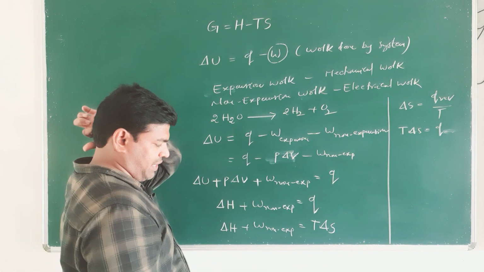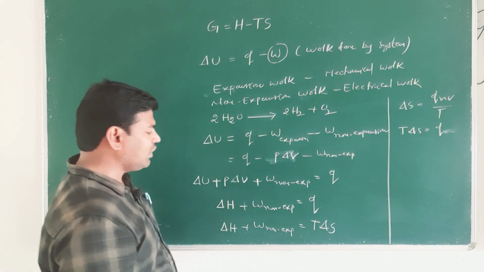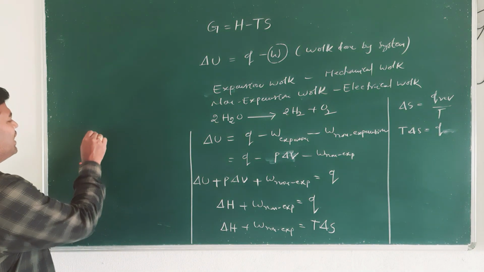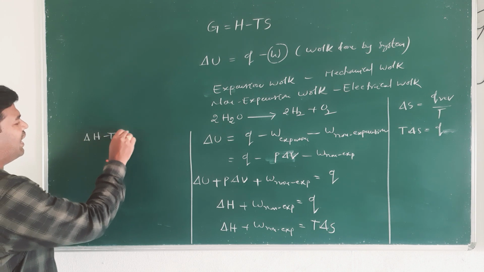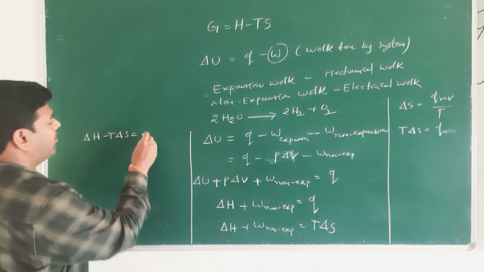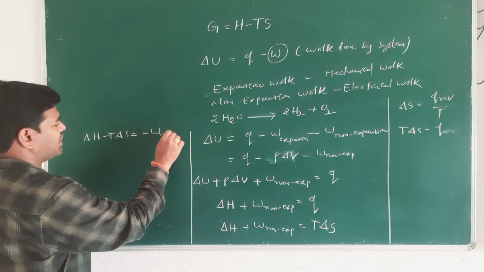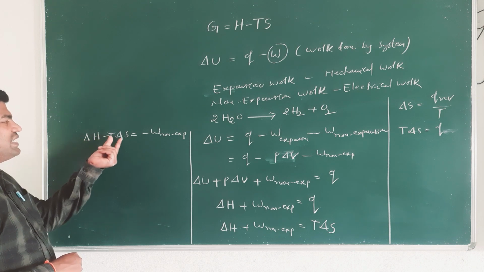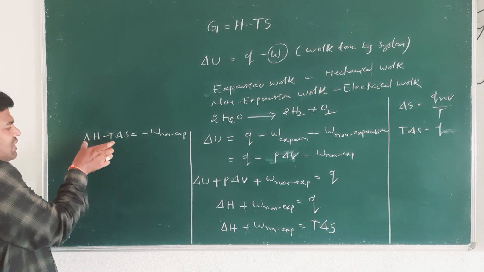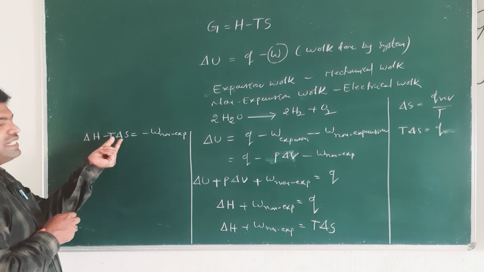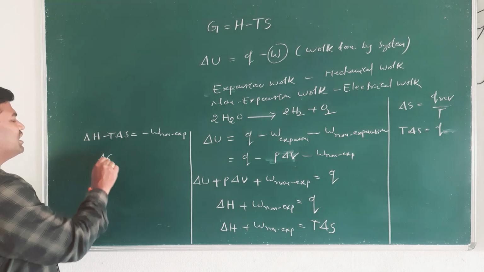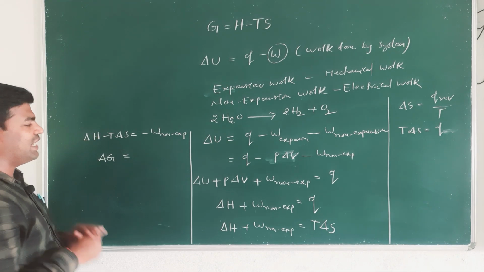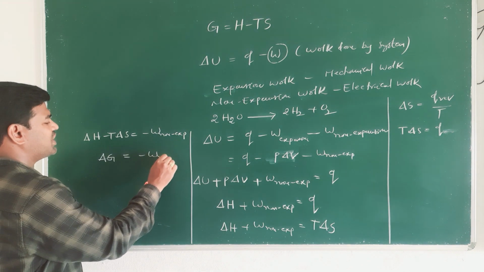In the next step, we can rearrange this equation: delta H minus T delta S is equal to minus W non-expansion. This term delta H minus T delta S can be written as delta G, because G is equal to H minus TS, and delta G equals delta H minus T delta S, which is equal to minus non-expansion work.